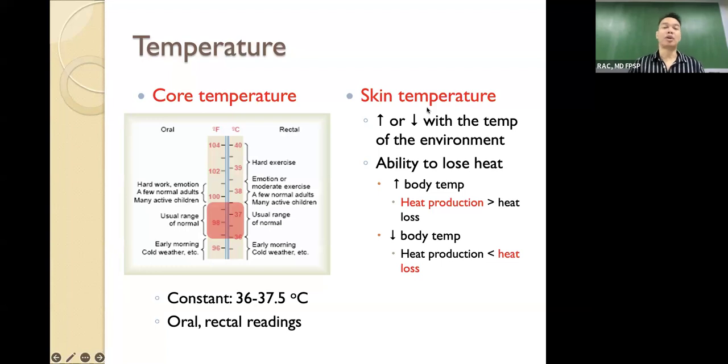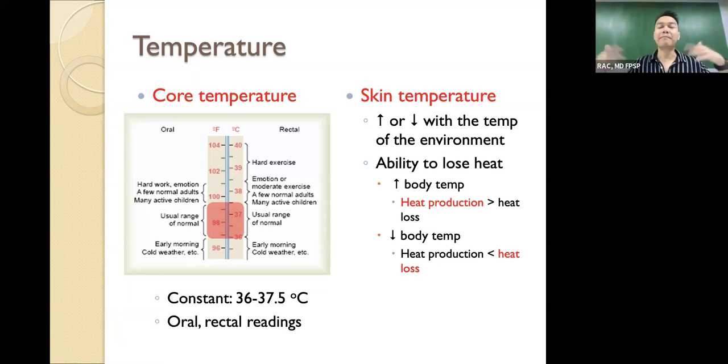For skin temperature, as the name implies, this is the temperature of our skin. This fluctuates depending on the environment. If the environment is cold, our skin temperature, most especially in the more distal portions of our body, will be lower. If the environmental temperature is high, it's warm, then our skin temperature may increase.